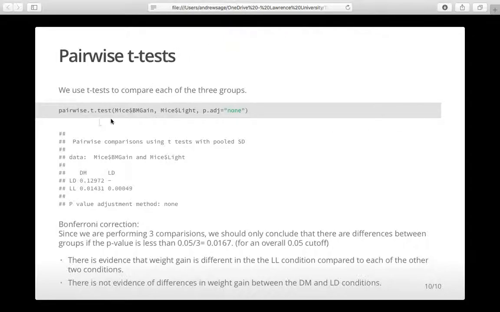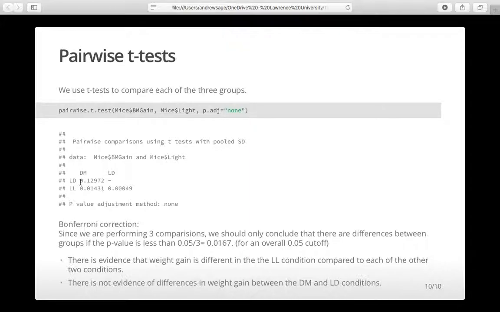The command is pairwise.t.test, and what we see is a table that compares the different groups, and the values you see within the table are p-values for testing the null hypothesis that there is no difference between the groups.